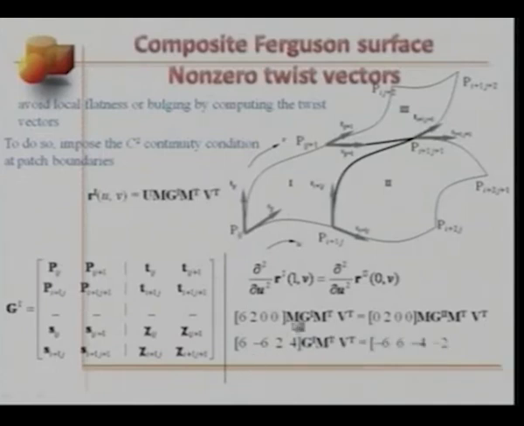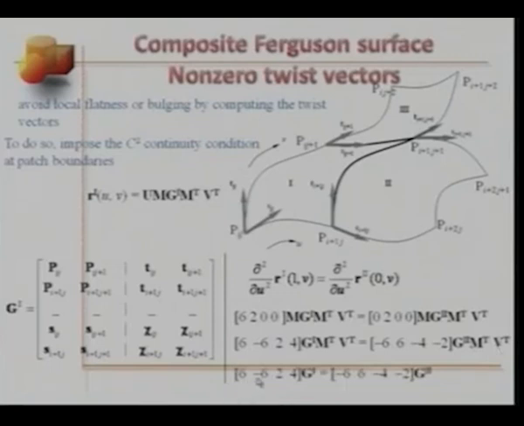We can post multiply M with this to get 6, minus 6, 4, 2 times G super 1 M transpose V transpose is equal to minus 6, 6, minus 4, minus 2 times G super 2 M transpose V transpose.